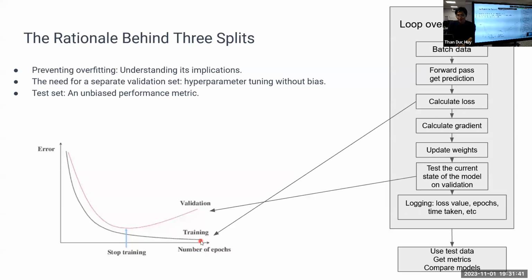But this validation is like an intermediate test. We don't use the validation data to train, so the model has not seen this info at all. The weight is not updated based on the validation. But using this validation, we can see that at some point it starts degrading in its performance. So this is where we can know where to stop early.